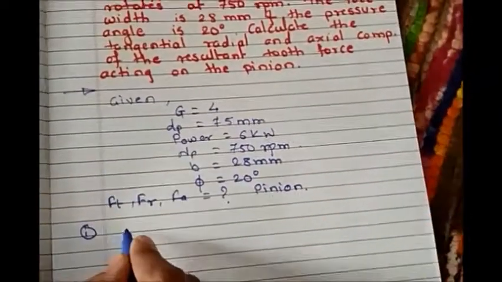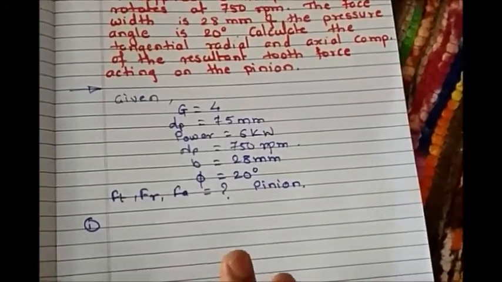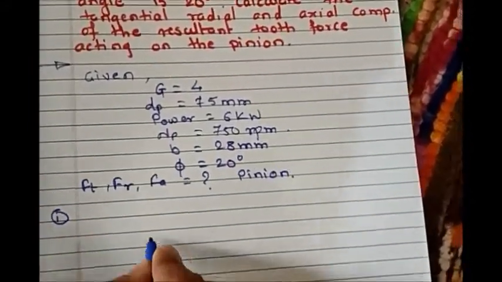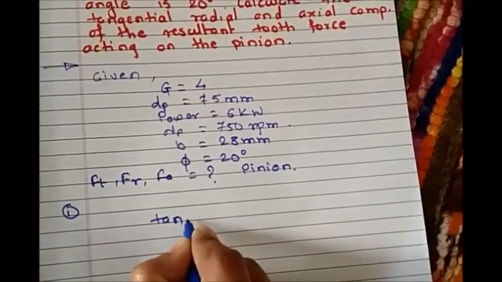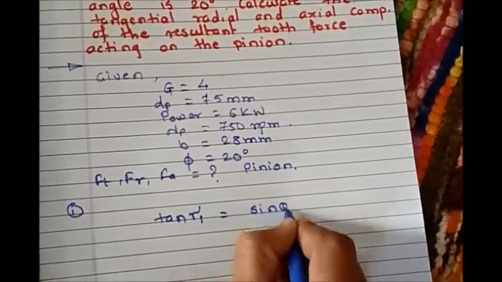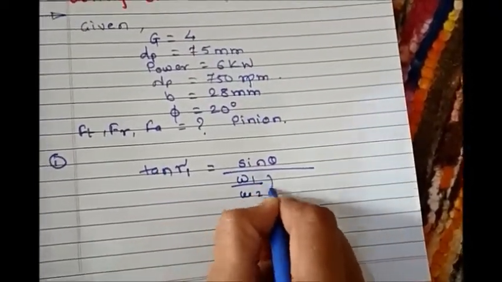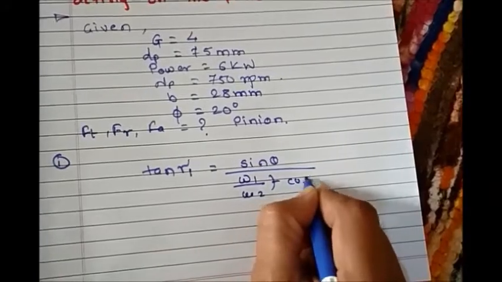Before calculating the mean radius, let's calculate gamma 1 and gamma 2. For that we have the formula: tan of gamma 1 is equal to sine of theta divided by (1 upon omega 2 plus cos of theta).